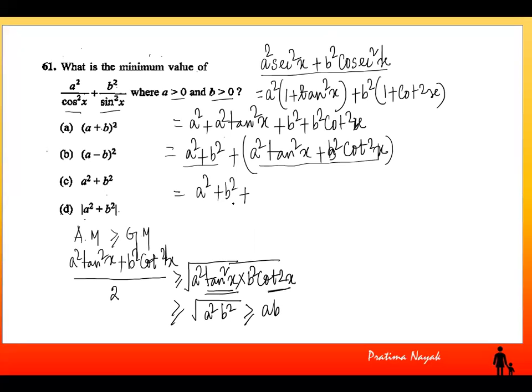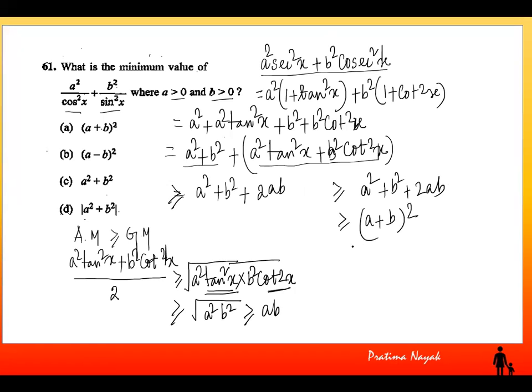Here I have written it is 2 twice ab, 2ab because 2 is here. So this is always greater than or equal to a square plus b square. I am writing here, greater than a square plus b square plus 2ab, or this is always greater than a plus b whole square.